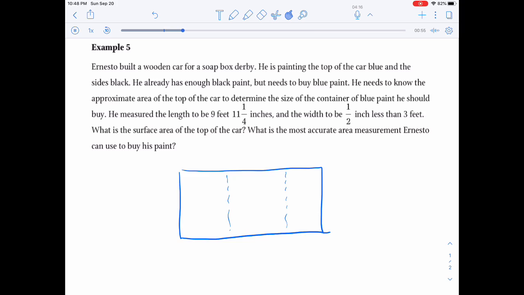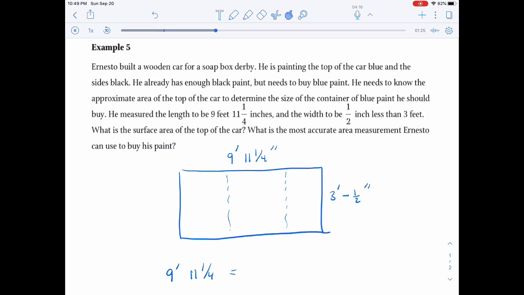And the entire length is 9 feet 11 1/4 inches. And the width is 3 feet less a ½ an inch. Let's convert our dimensions to inches. So we have 9 feet 11 1/4 inches.